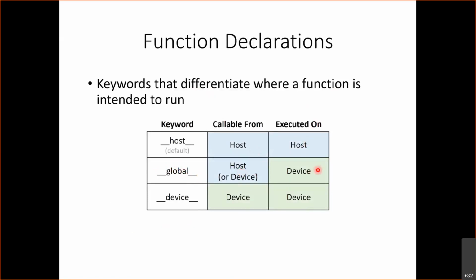Okay. We also have another type of function, which is a host function. And the host function is basically the regular C function. So if I don't write anything before my function, by default, this is a host function that runs on the CPU. And then there's a third kind of function, which is a device function, which is a function that is called on the GPU and runs on the GPU.